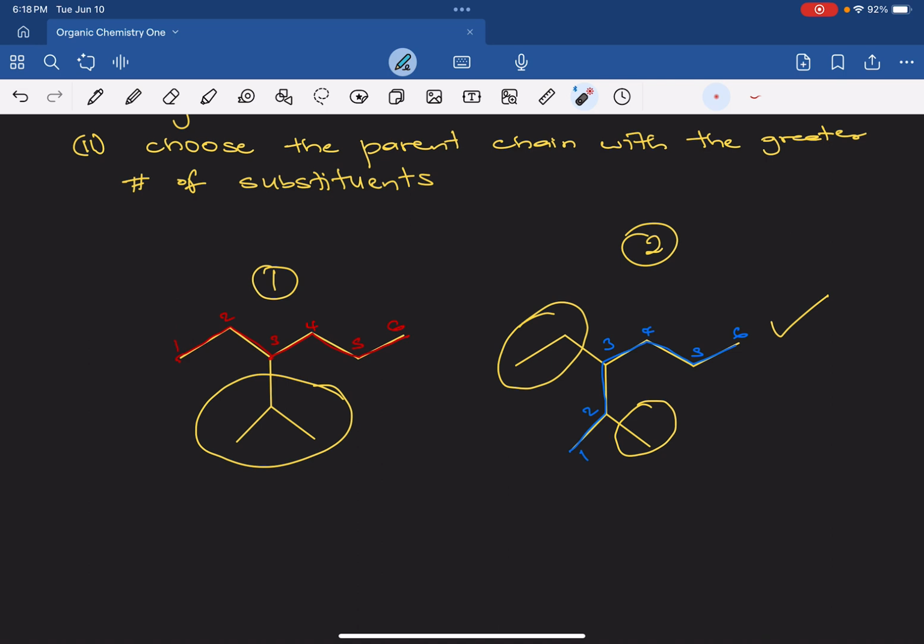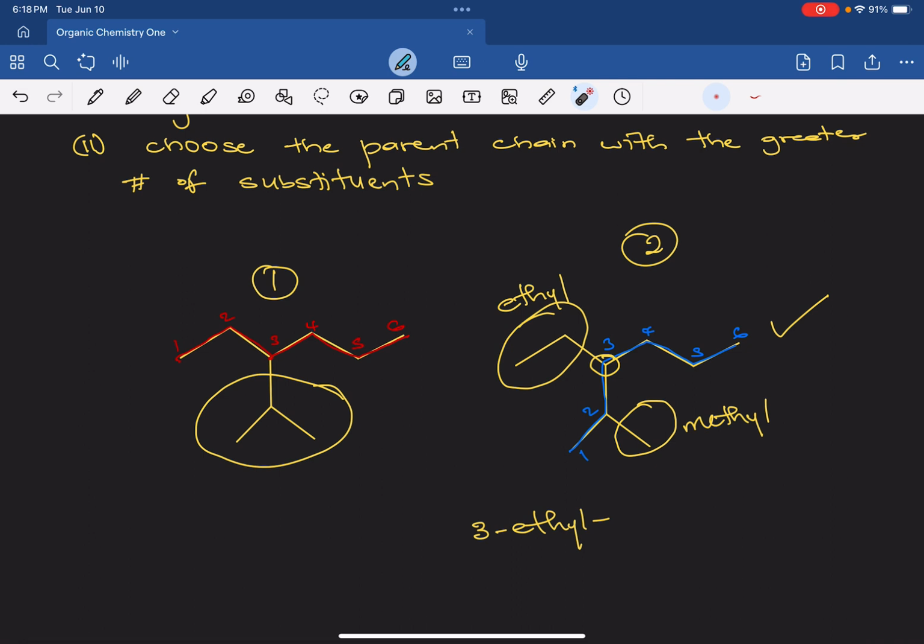So once we have that, then we need to list the substituents in alphabetical order. So I have a methyl group and I have an ethyl group. So our name is, on carbon number 3 is where my ethyl group is. So it's 3-ethyl. Separate letter from number with a dash.